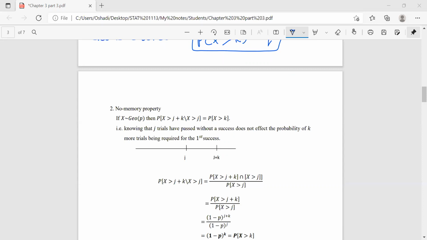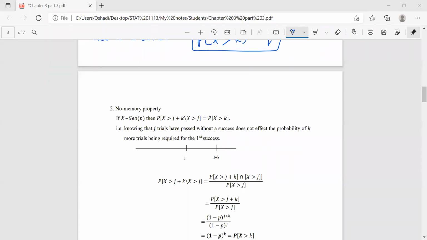If X is geometric with probability of success p, then the probability that the first success does not occur, that means the first success is beyond the J plus Kth trial, given that the first success does not happen after the Jth trial as well. That is the given information. It is equal to the probability that the first success occurs beyond the Kth trial.